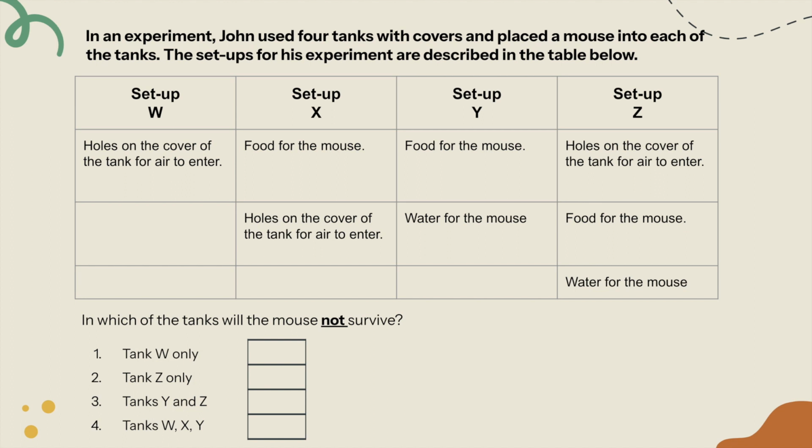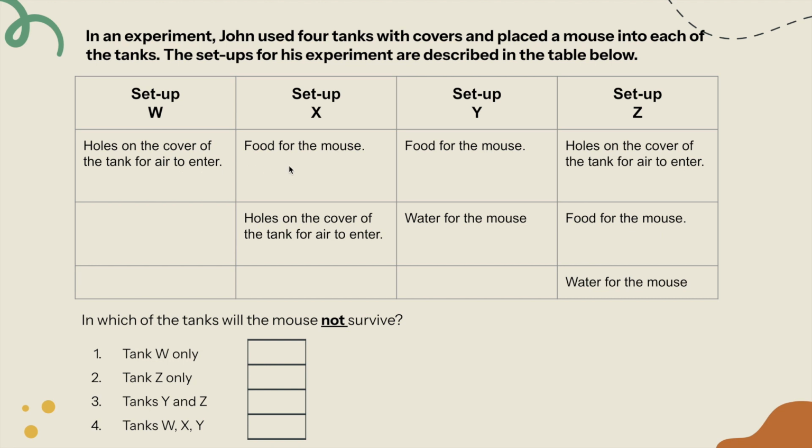Next is, in an experiment, John used 4 tanks with covers and placed a mouse into each of the tanks. The setups of his experiment are described in the table below. There are 4 setups: W, X, Y, and Z. Setup W has holes on the cover of the tank for air to enter.